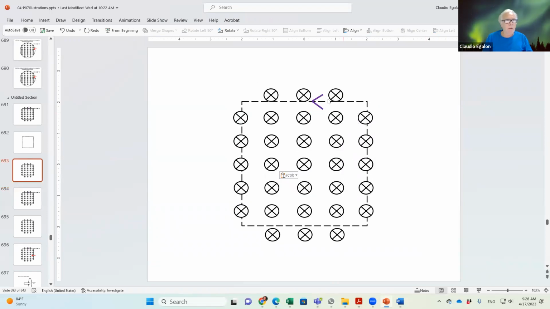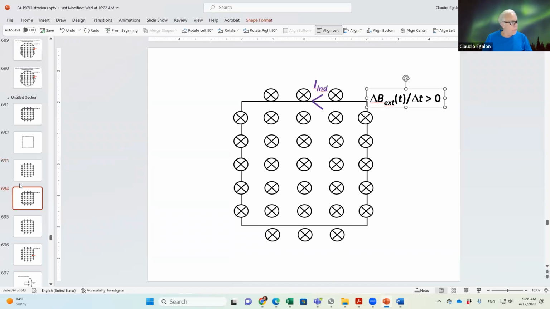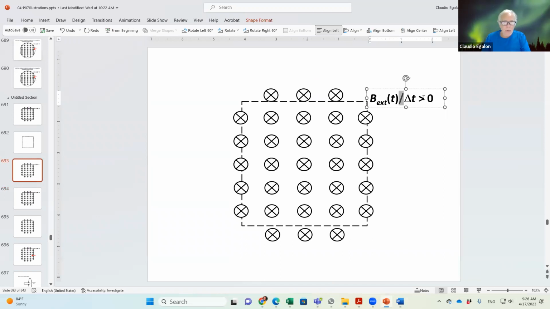I'll call that the external field. It's not variable.